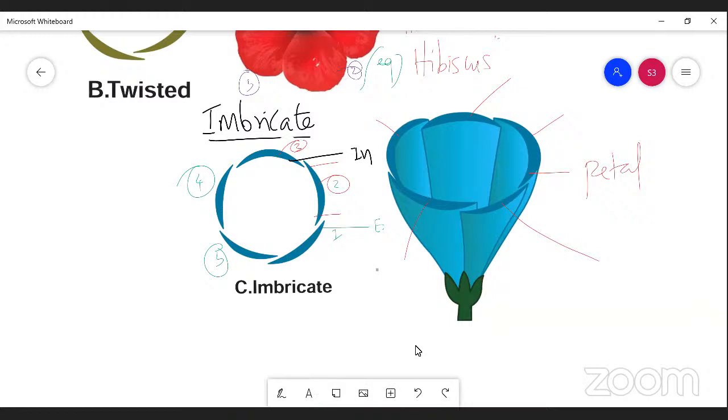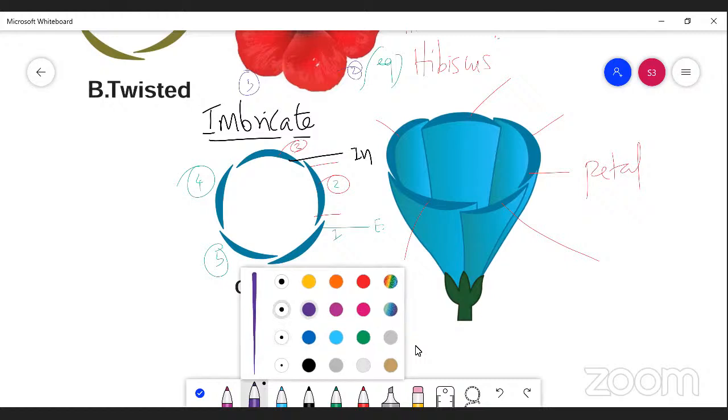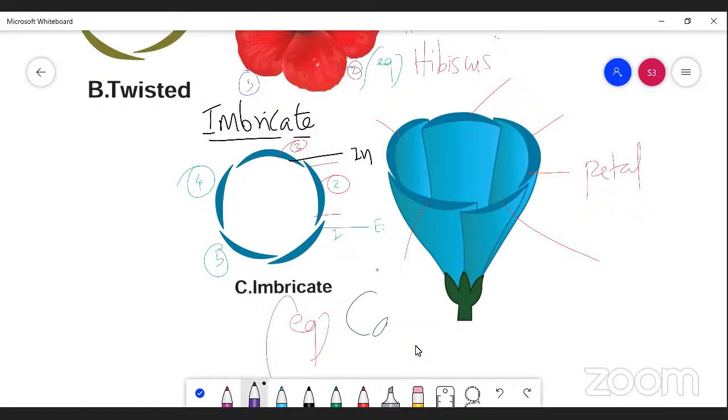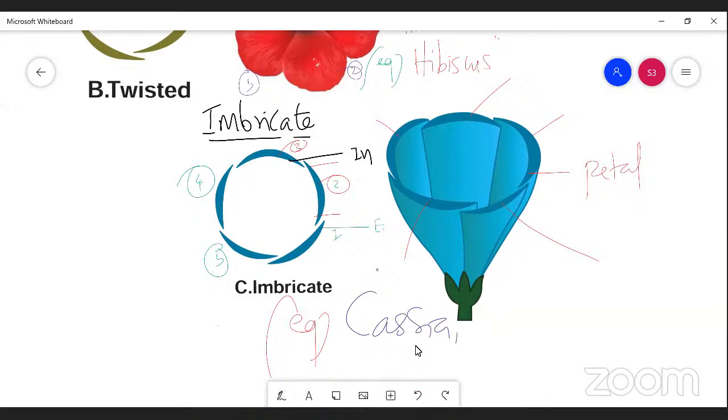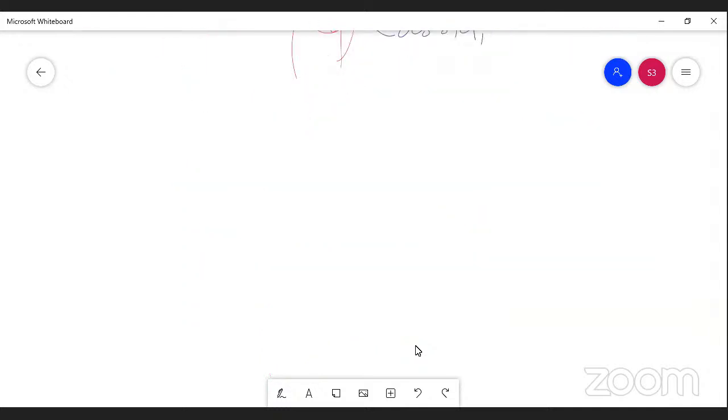Now this imbricate distribution is characterized in some cases, such as Acacia. I'd like to give an example for that. Please imagine Acacia. It is very interesting. Acacia and Dinolix, right? I'm going to show you the picture that I have collected and brought to you.